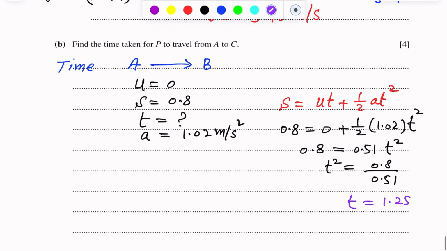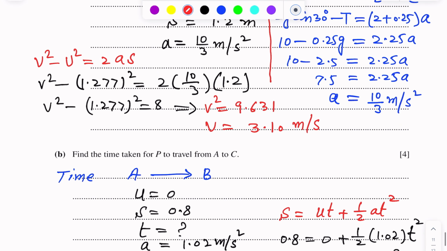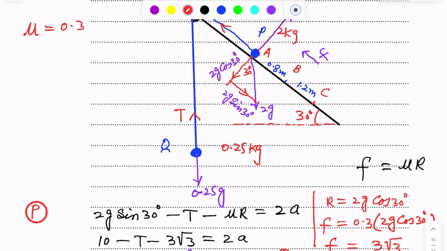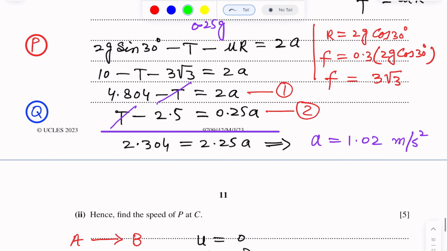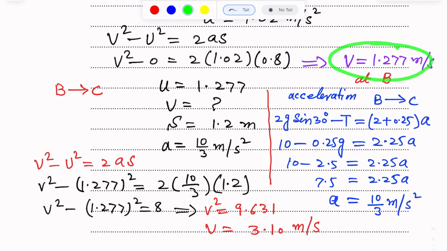Now in the same way, we will find the time from B to C. First, we will find the speed of the particle at B. At B, we have found the speed already, that is 1.277 meter per second.